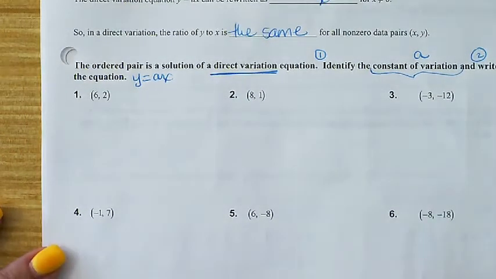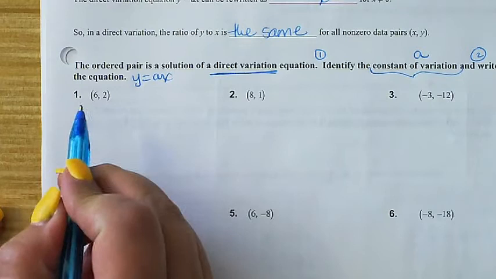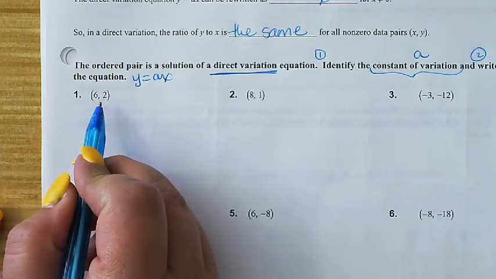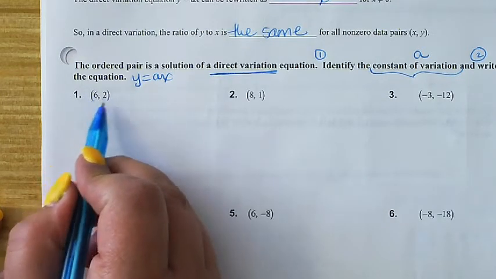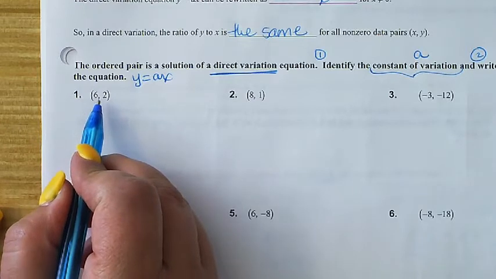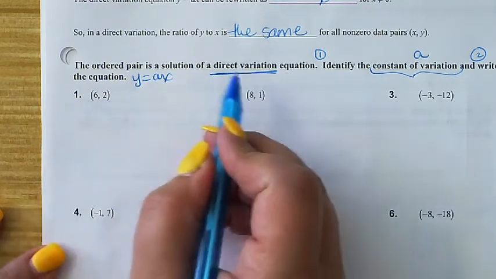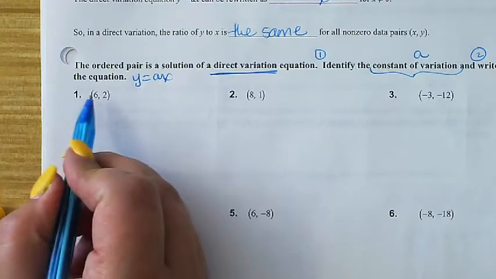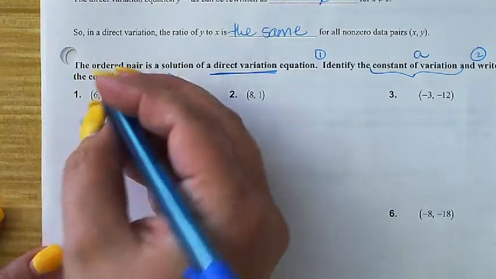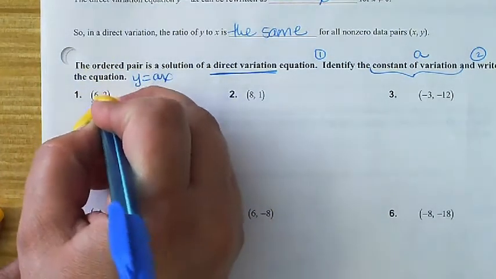From number 1, it'd be impossible for us to write the equation with only one point if it were any other kind of function. But because we know it's direct variation, all I need is 1 point. Because guess what? 1 point gives me an x and a y.